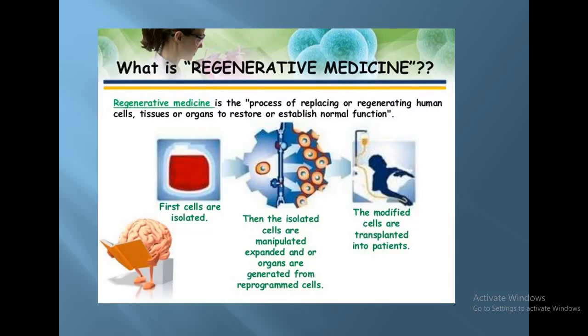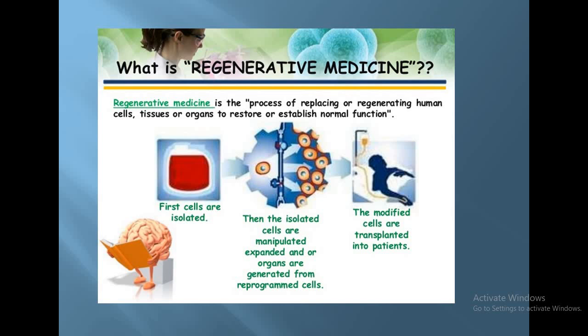So now we are going to discuss regenerative medicine. Regenerative medicine, the most recent and emerging branch of medical science, deals with functional restoration of tissue or organs for patients suffering from severe injuries or chronic disease.